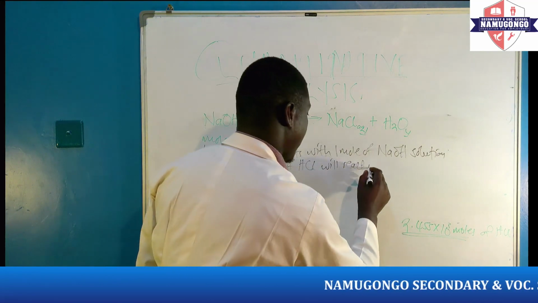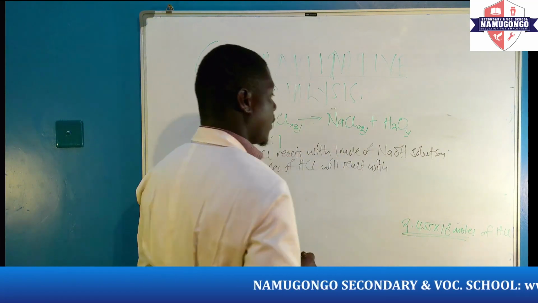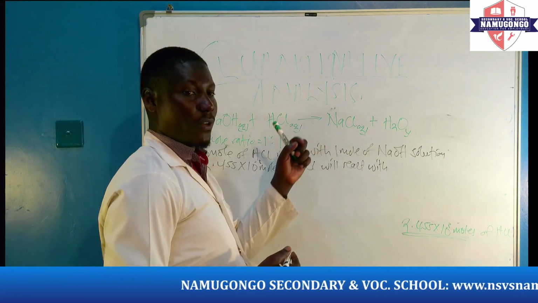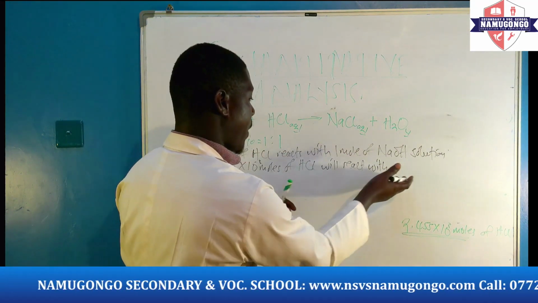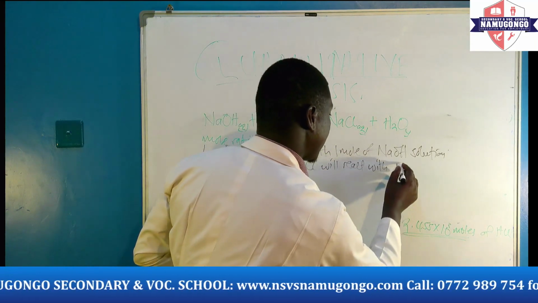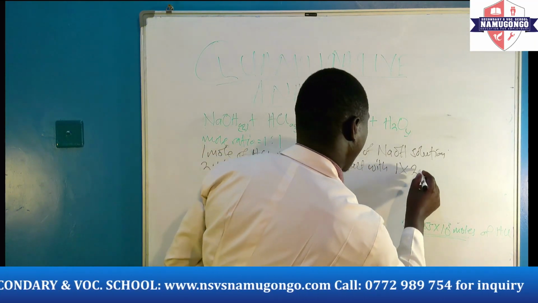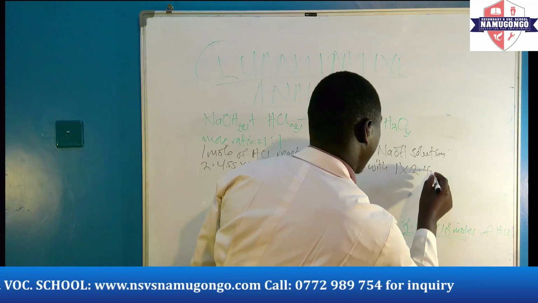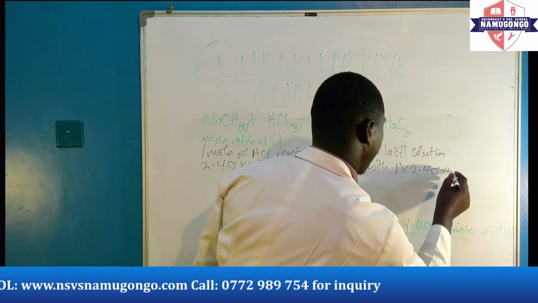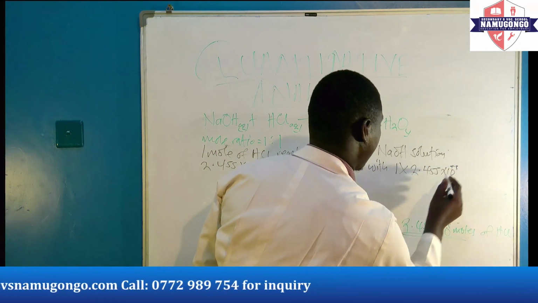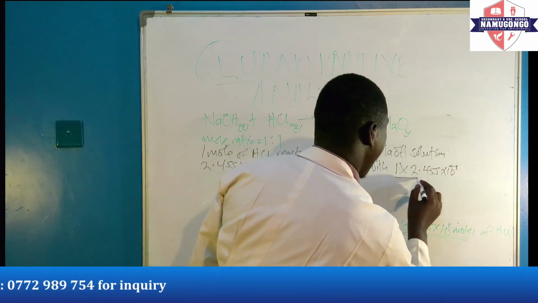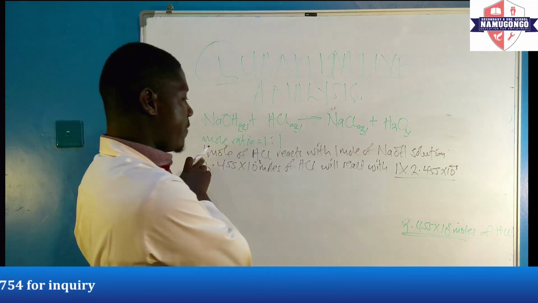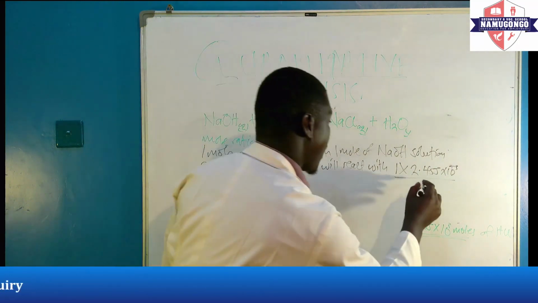You do the same thing we did in the previous example. You bring 1 here, then you multiply with the value on the same line, the 2.455 exponent negative 3, then divided by the first value we began with, which is also 1.